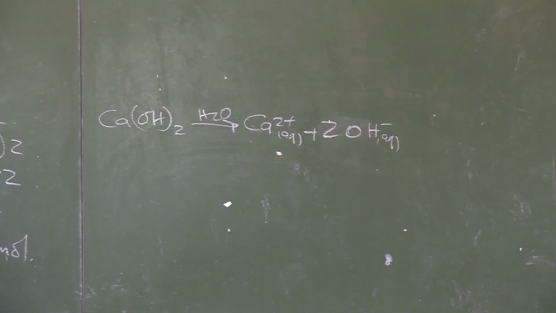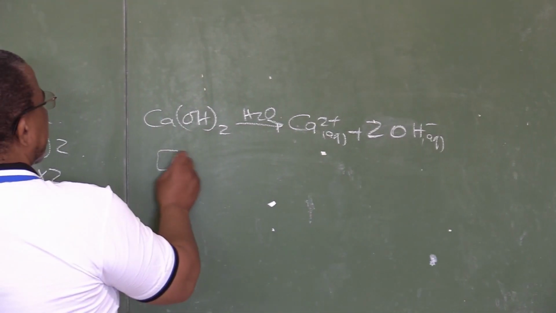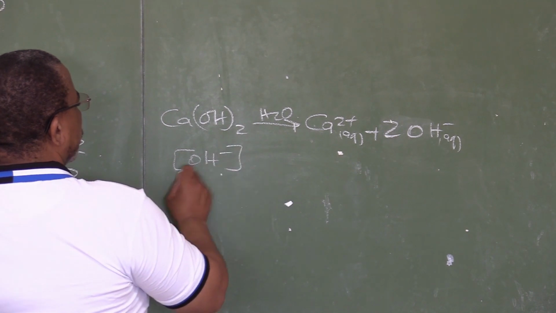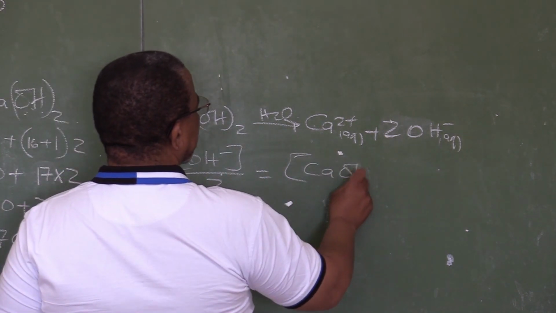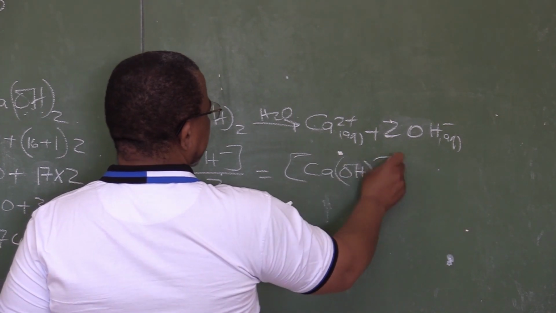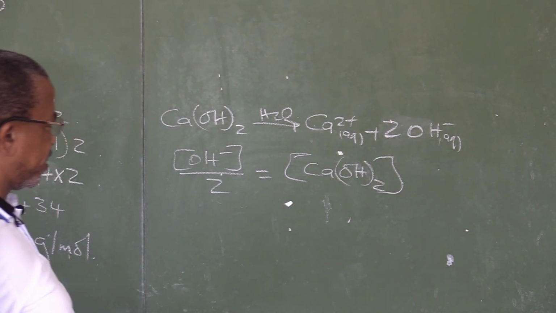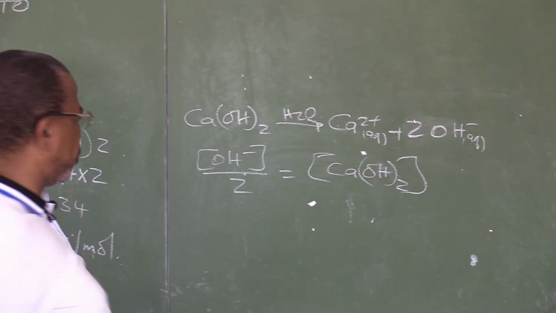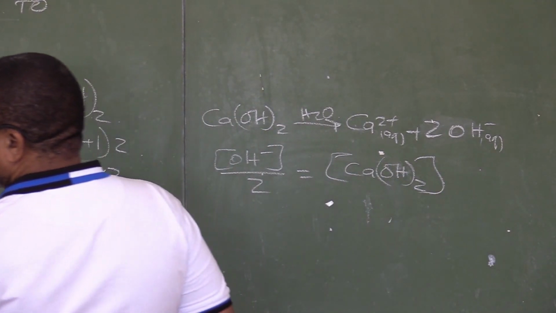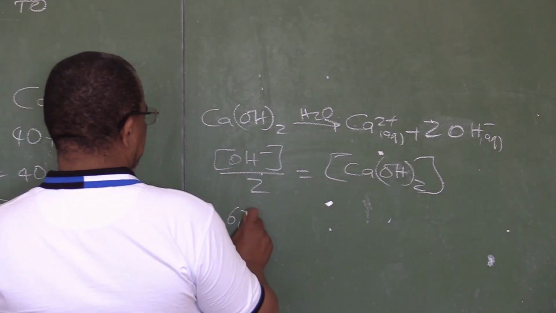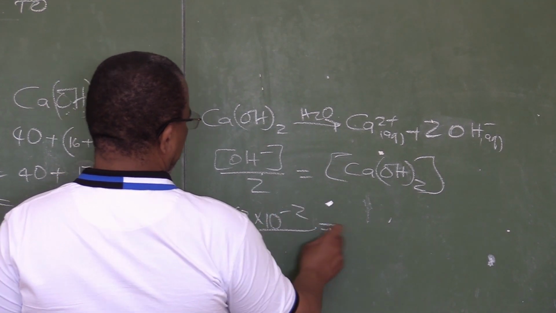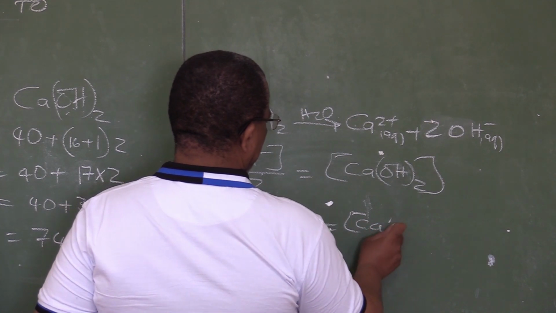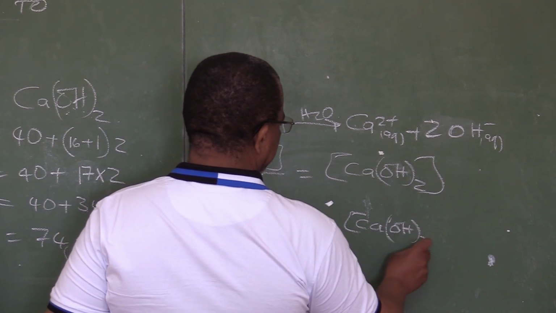The 2 tells you to divide the OH minus concentration by 2 to get the concentration of calcium hydroxide. The OH minus concentration is 6.3 times 10 to the power minus 2. Divide by 2.